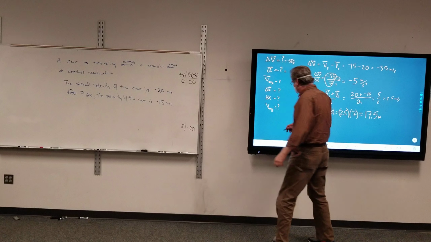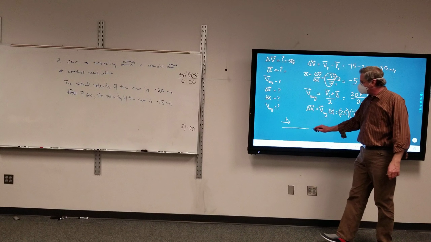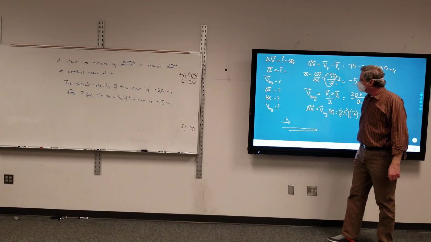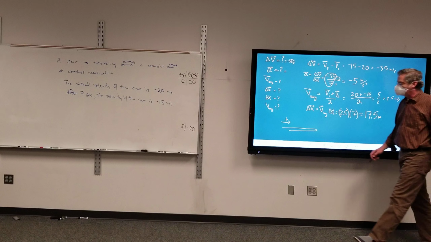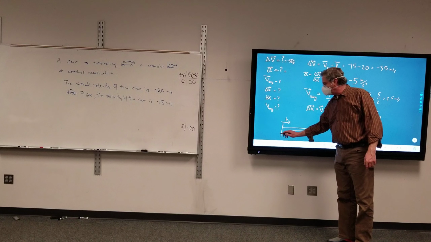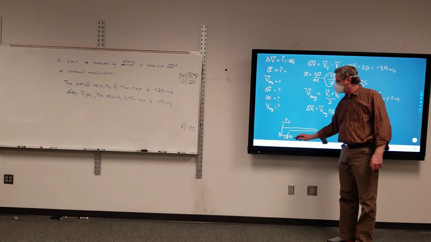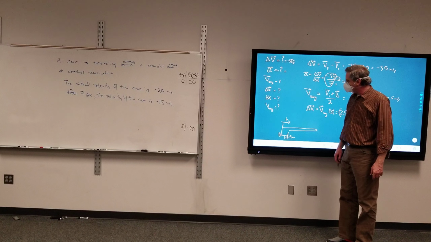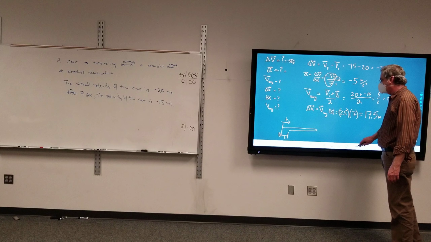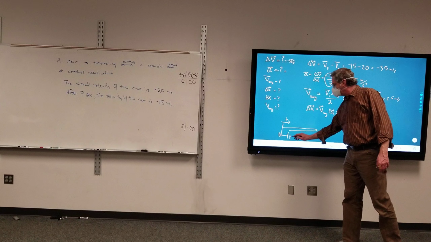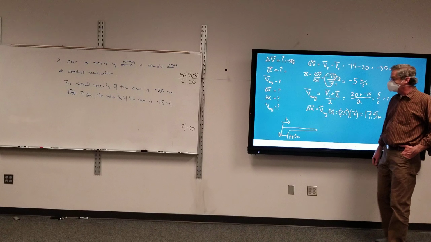So if I sort of sketch it out, we've got positive direction here. Car starts out, it comes out to here, turns around, and then ends up 17.5 meters positive. So that's my starting point, and it ends up 17.5 meters on the plus side of where I started.